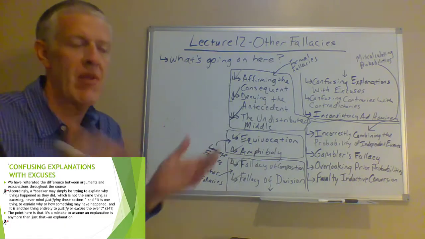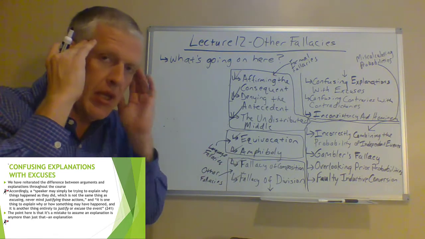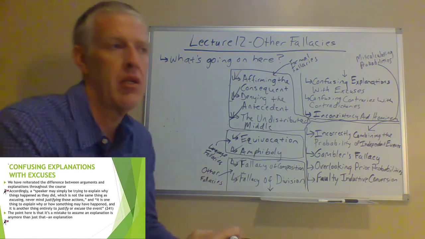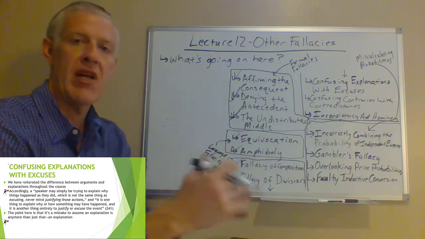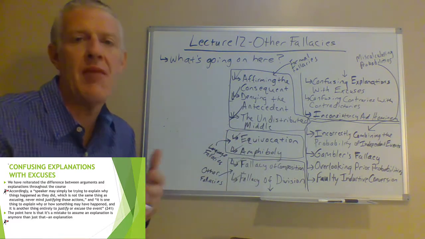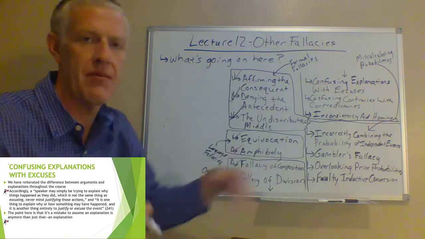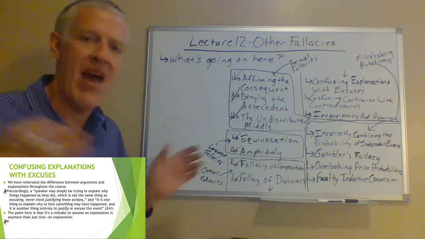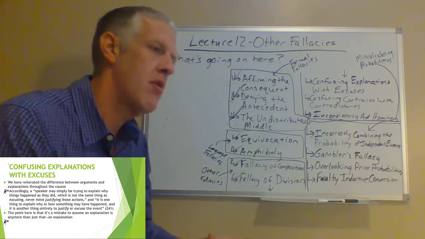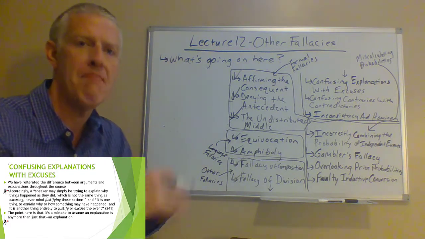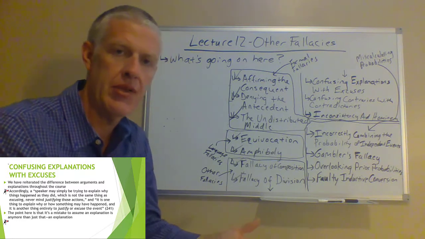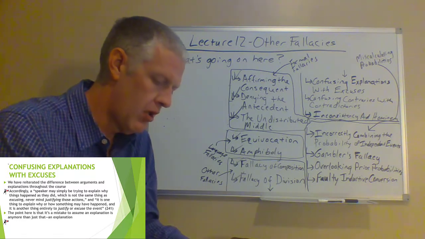So I think that's pretty straightforward. We just have to keep that clear in our minds at all times. Oftentimes when this mistake happens, it's with respect to tragedies or bad stuff. We have to remember that somebody can simply be offering an explanation for why that bad stuff happened and not be trying to excuse or justify it.